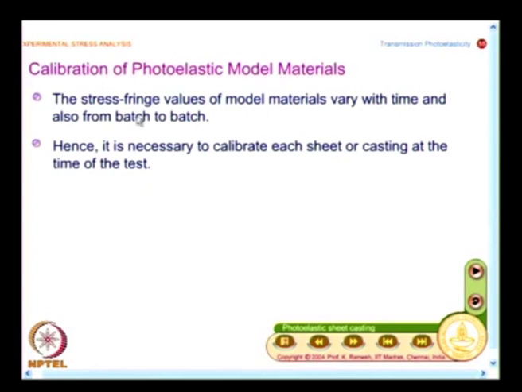Because I use only polymers, and when I use polymers, the stress fringe values vary with time and also from batch to batch. They do not remain the same. So, I need to find out at the time of experiment what is the material stress fringe value for the model material that I have selected.